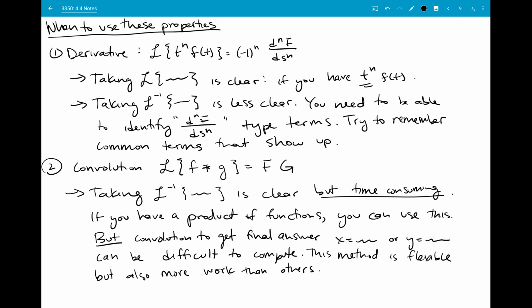So this method is really flexible. Anytime you see a product, you can use it, but it's also a lot more work than other things.